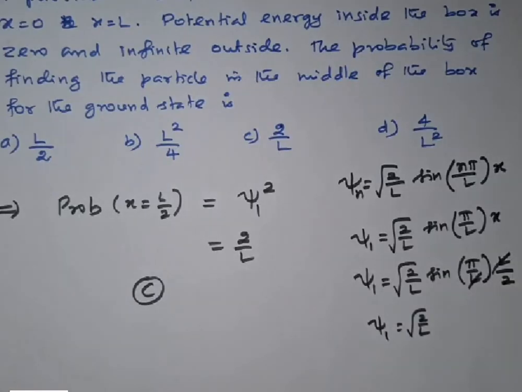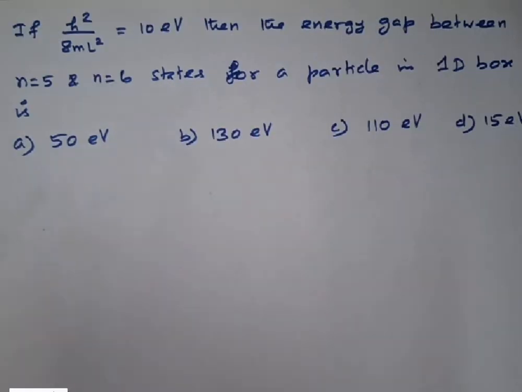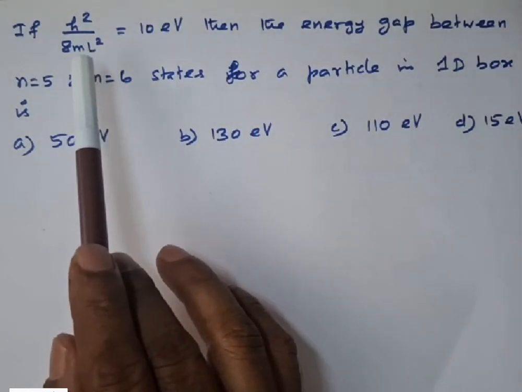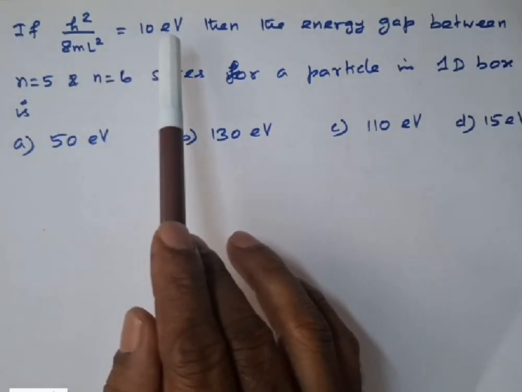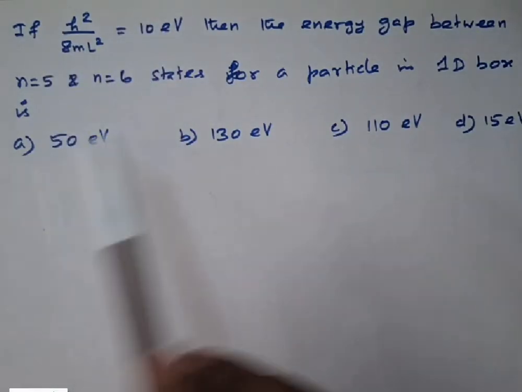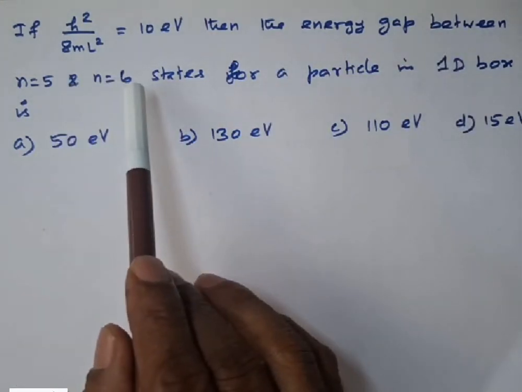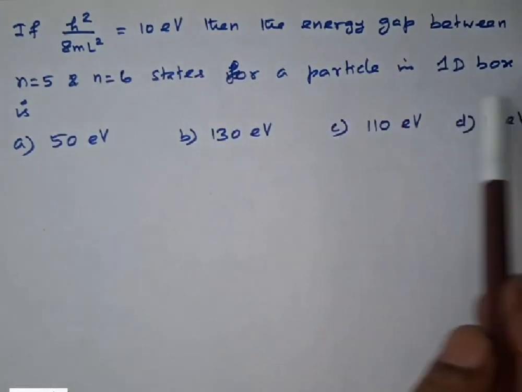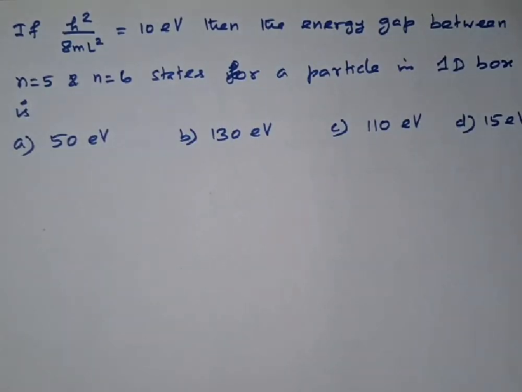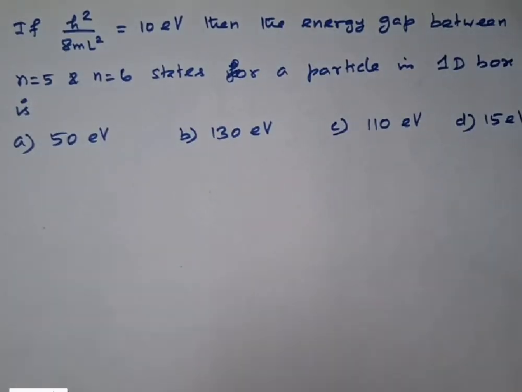Okay, take note. Question number 2. If h square by 8ml square is equal to 10 electron volt, then what is the energy gap between n equal to 5 and n equal to 6 states for a particle in a 1D box? It's actually a very simple problem.